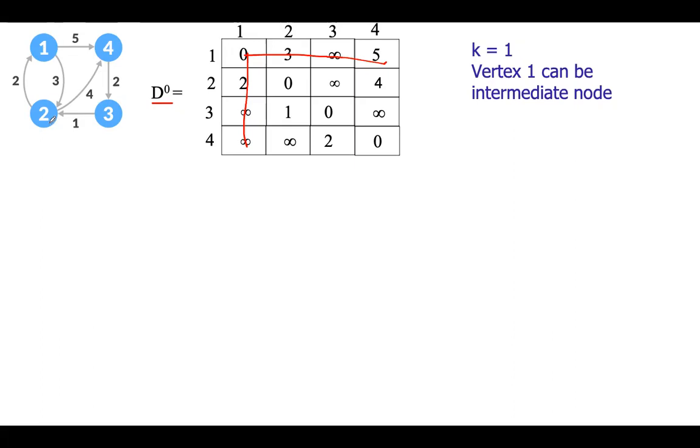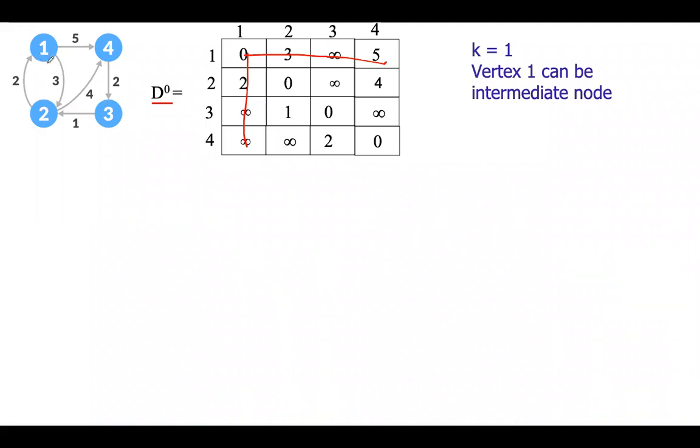That is, consider 2 to 4. I want to find out the shortest distance between 2 to 4, 2 to 3. If there is a direct edge, fine. Otherwise, I will check whether 2 goes to 1 and then to 4, or 2 goes to 1 and then to 3, gets a shorter distance.